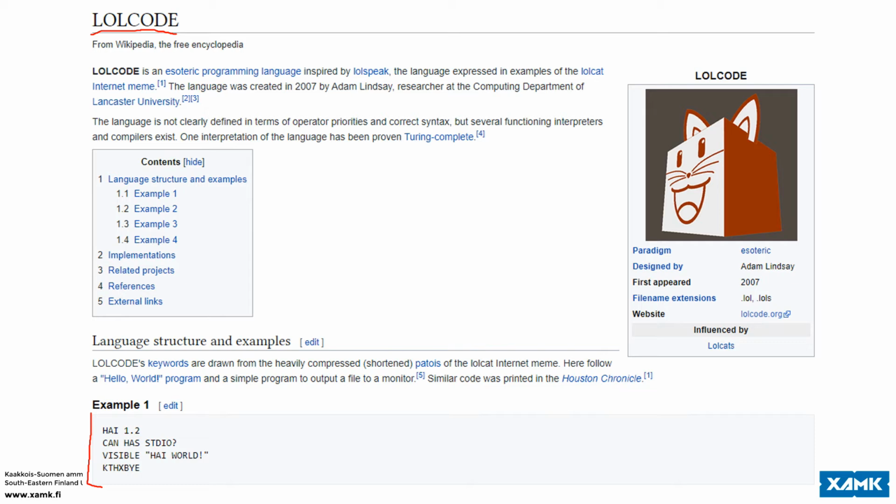And the reason why there are about 1 million different programming languages is because people make their own programming languages depending on what their needs are.